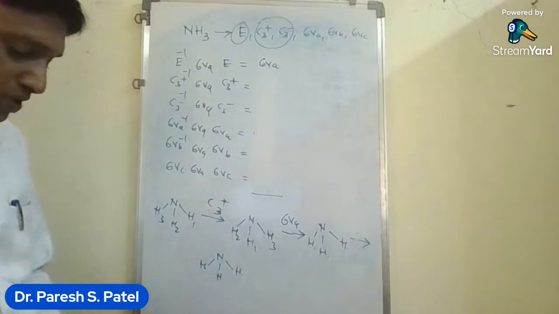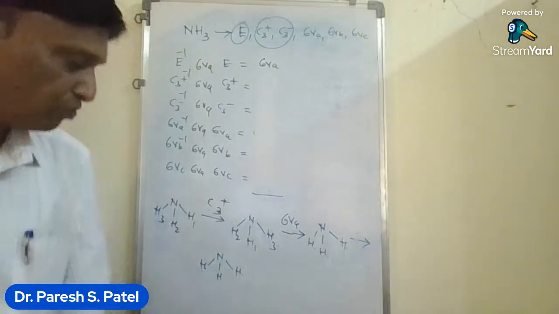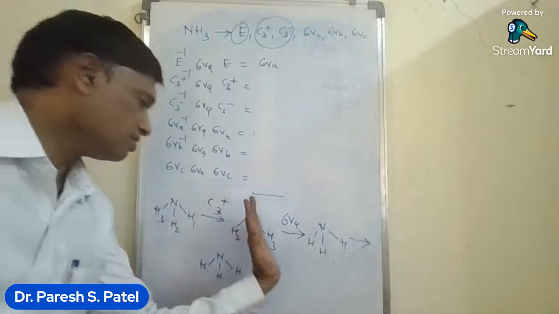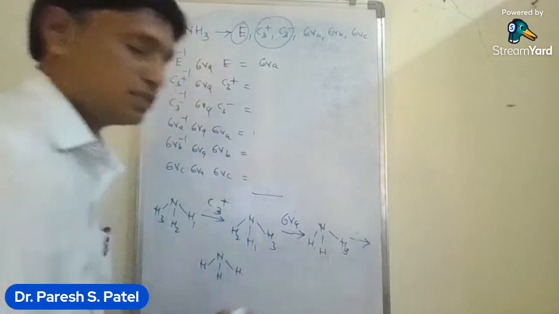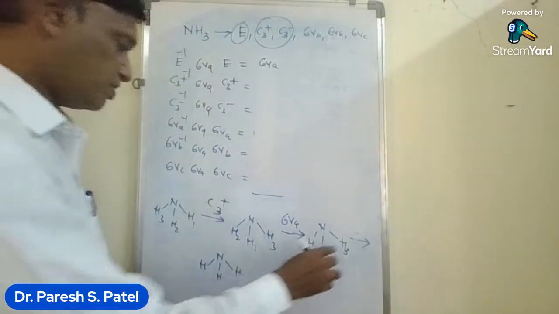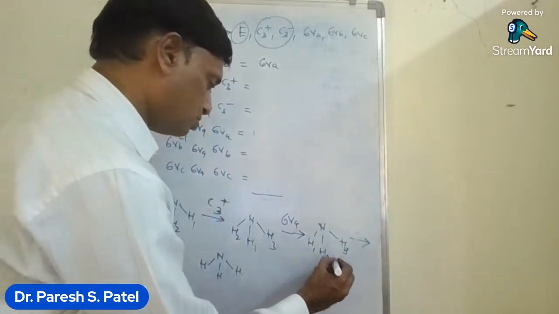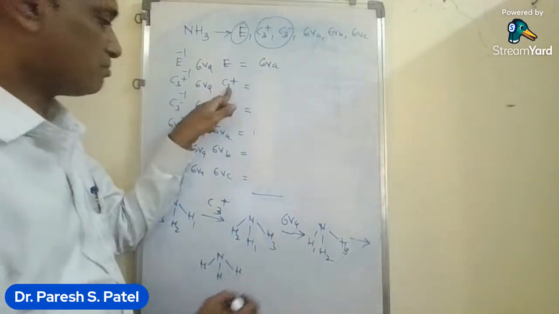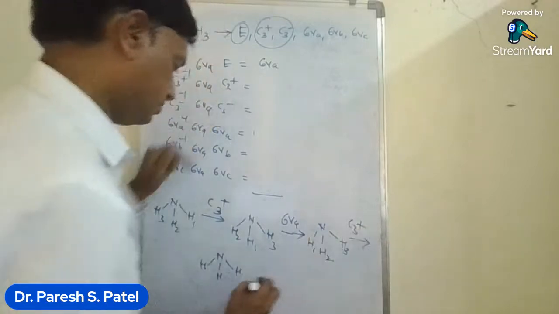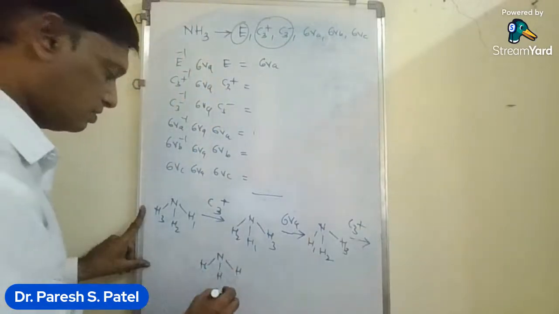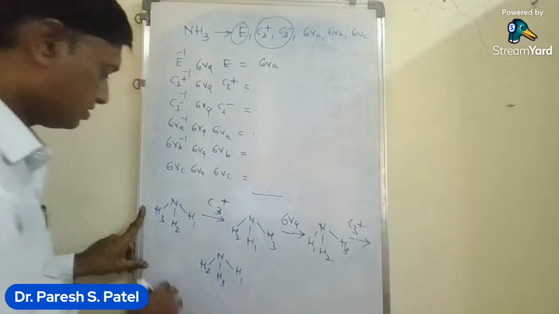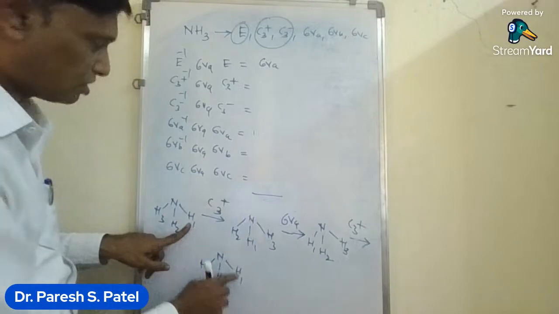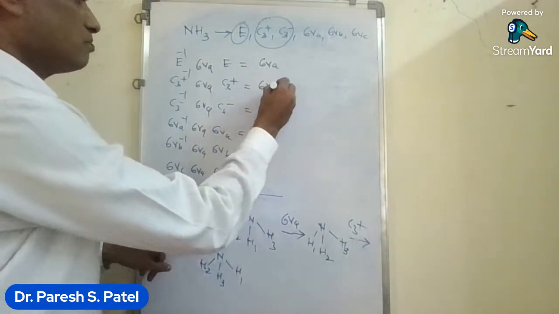We have to follow the position of the hydrogen before rotation. Hydrogen 3 remains as it is, there is no change in its position. 1 and 2 are interchanged, followed by C3 plus, giving 3, 2 and 1. Comparing this and this, there is no change in the position of hydrogen 1, so this is sigma vA.